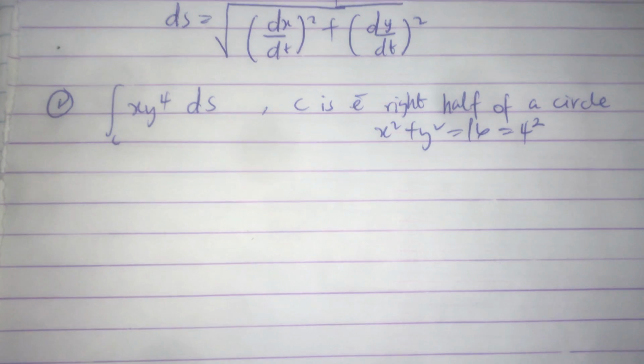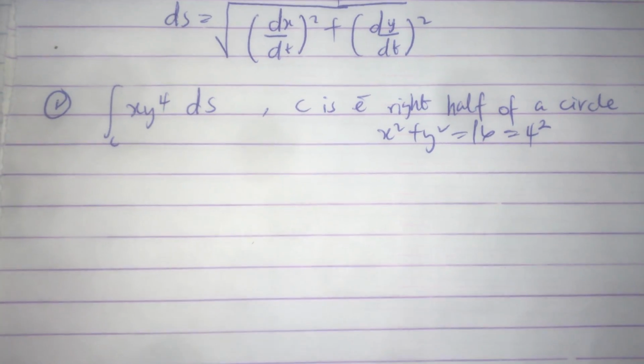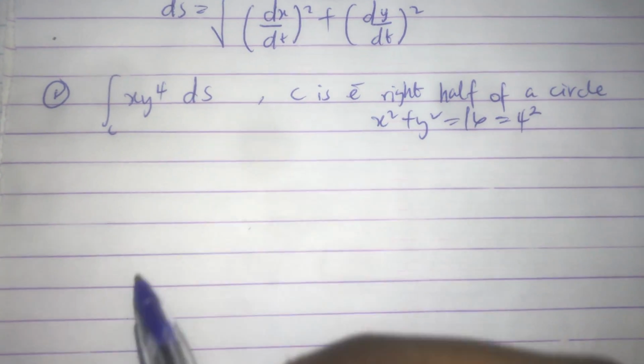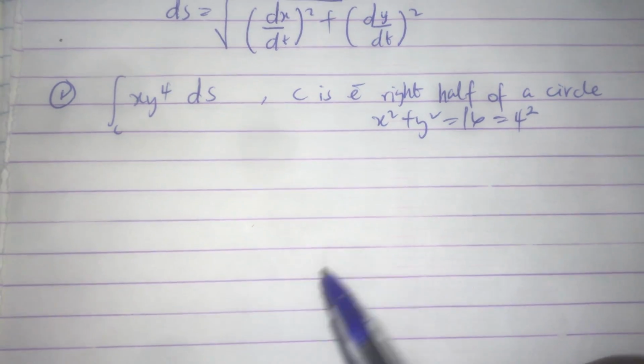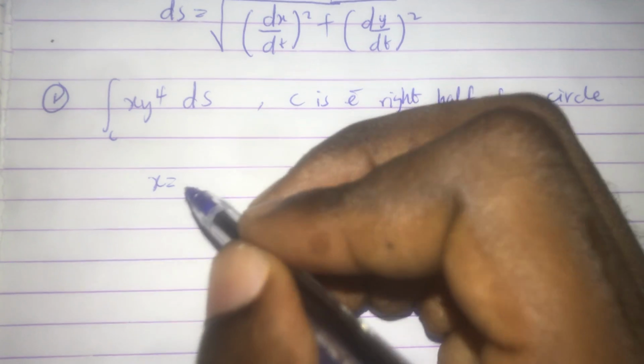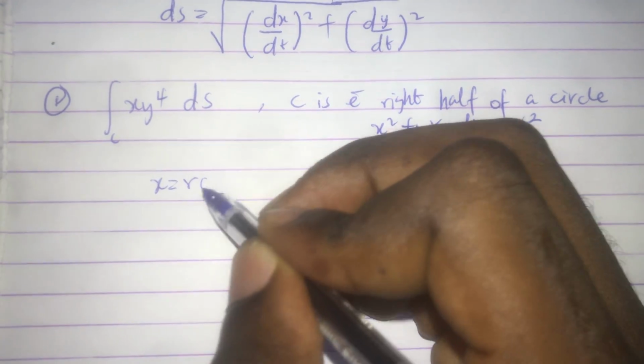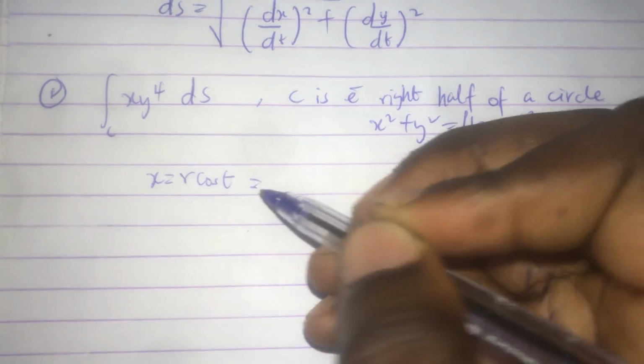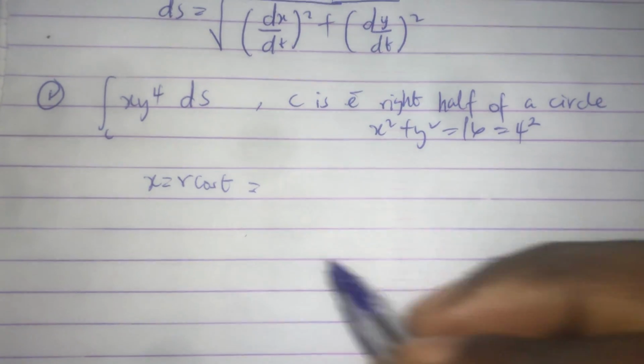From above, we know that the parametric equation for a circle is x is equal to r cos t. Here our r is 4.